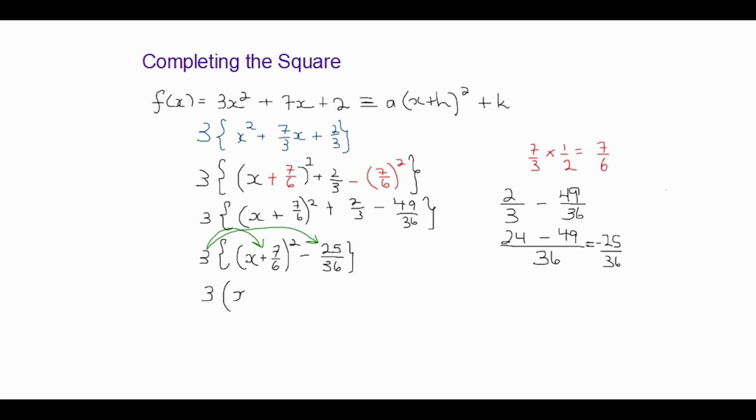So this is the first thing that I'll get. And then 3 times minus 25 on 36. This is going to simplify to give me minus 25 over 12. Alright, so this now is in the form that we desire, our completion of squares form.